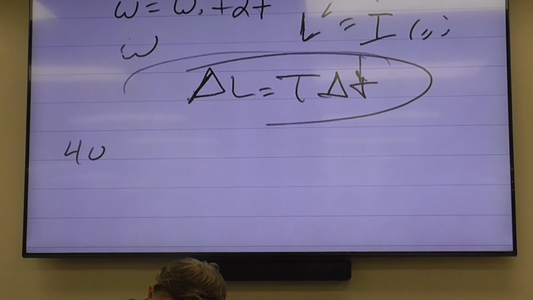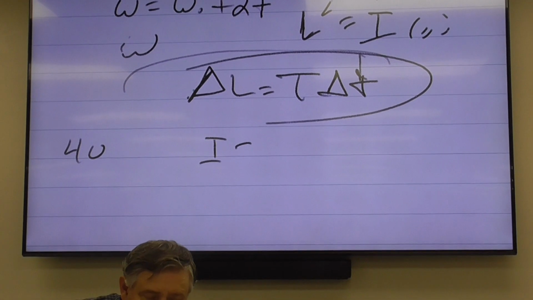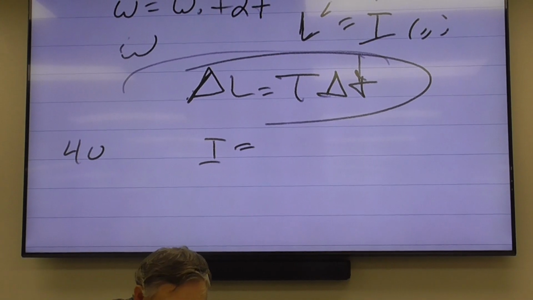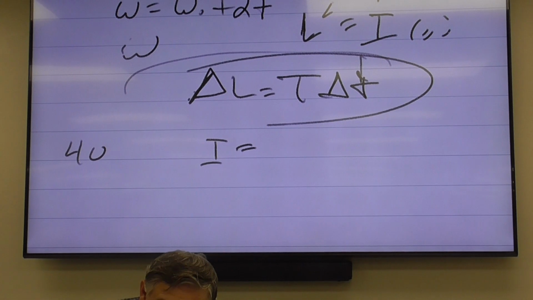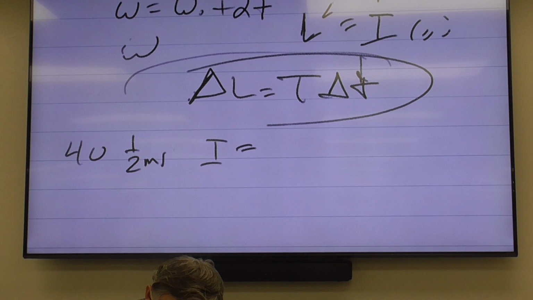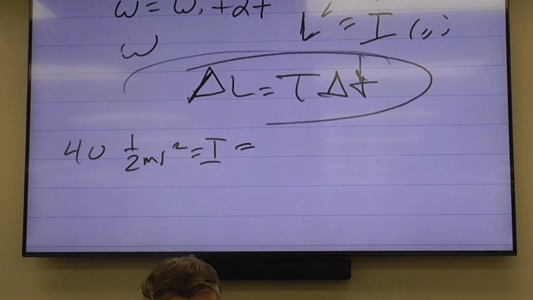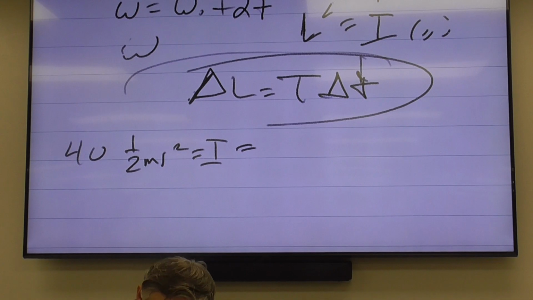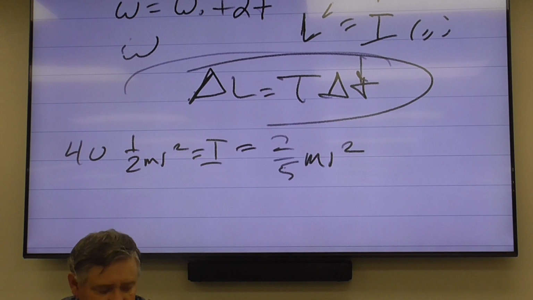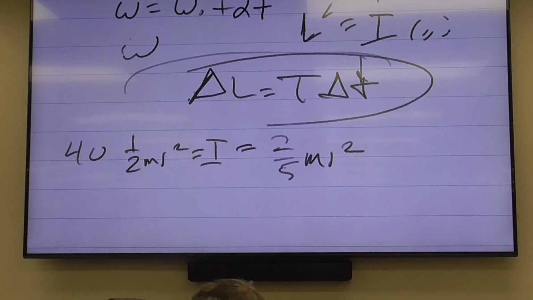You're going to set the two I's equal to each other. So how do you find the moment of inertia of a solid cylinder? 1/2 mr squared. How do you find the moment of inertia of a solid sphere? 2/5 mr squared. Then it's just a matter of solving for it.